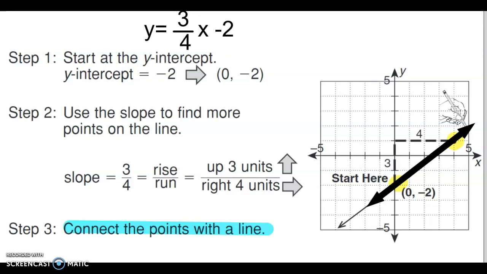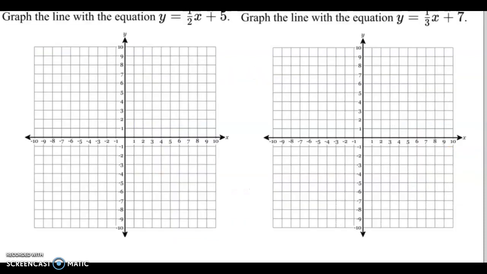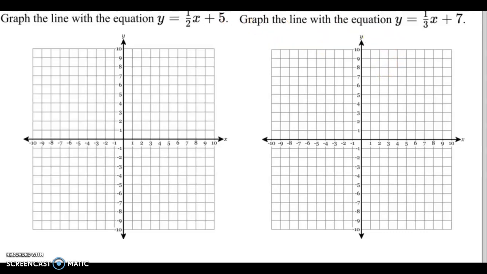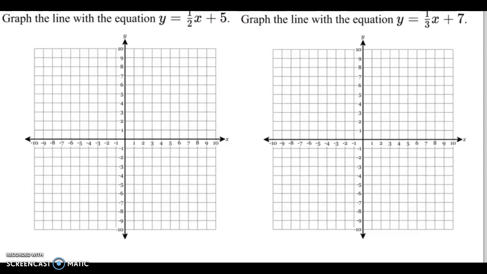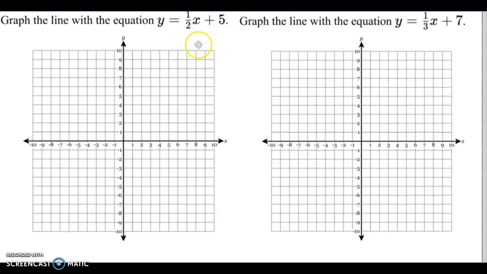Let's take a look at a couple of examples. So here we've got y is equal to 1/2 x plus 5, where we've got the slope and the y-intercept.